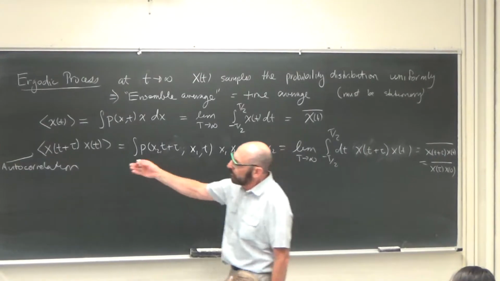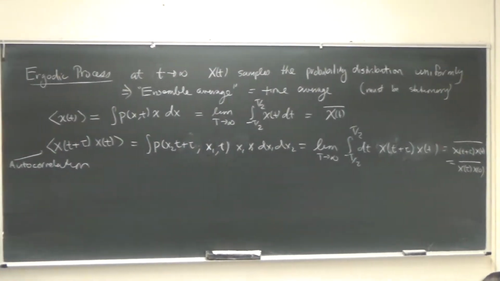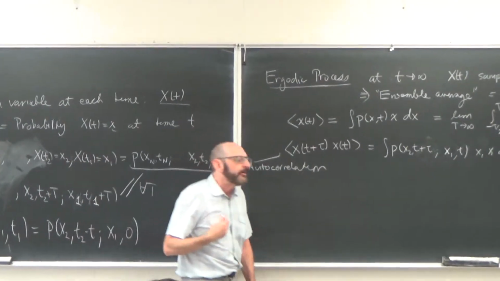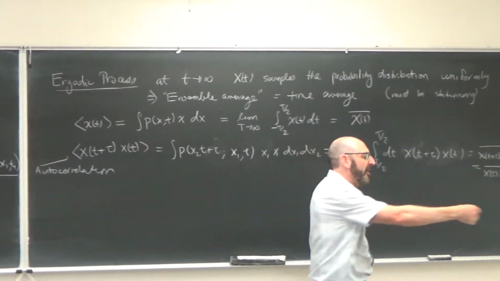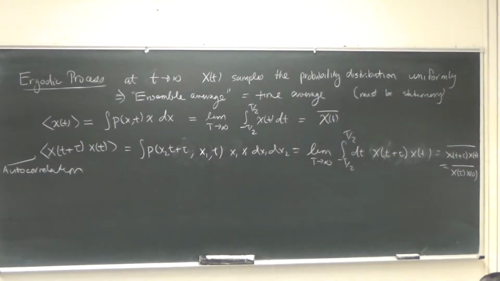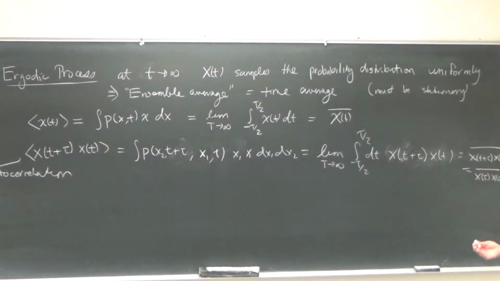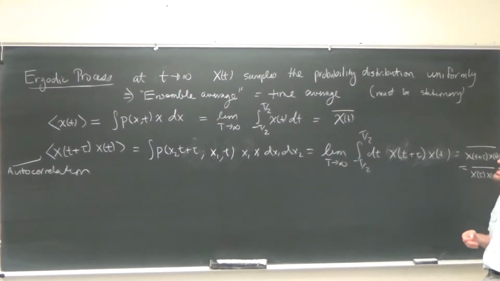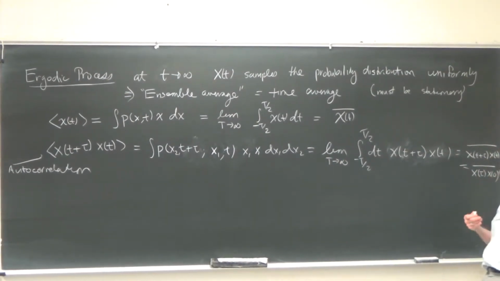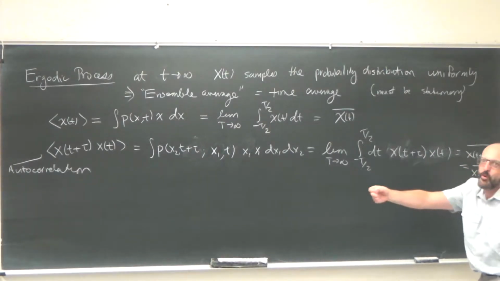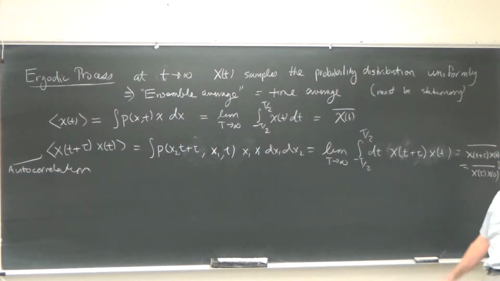And so it's taking one of these samples, be it x1 or x2 or x3. But if it's ergodic, then over a very, very long time, that is equivalent to taking the ensemble average. That is to say, over time, the system samples uniformly from the probability distribution.